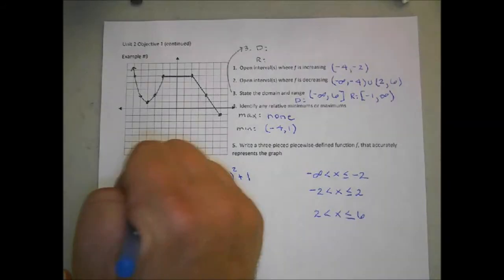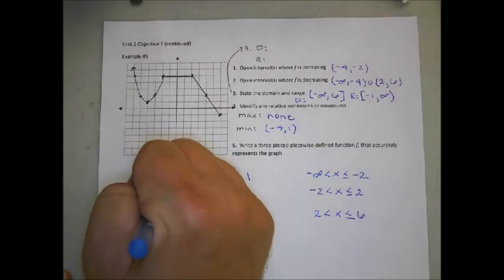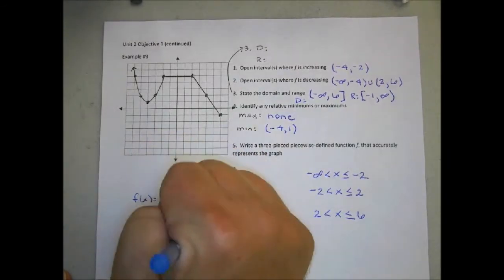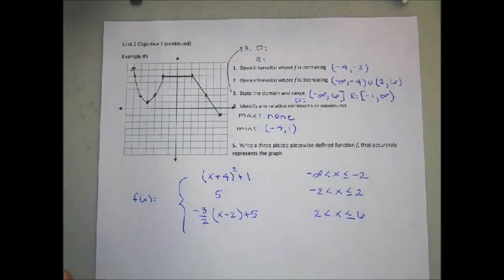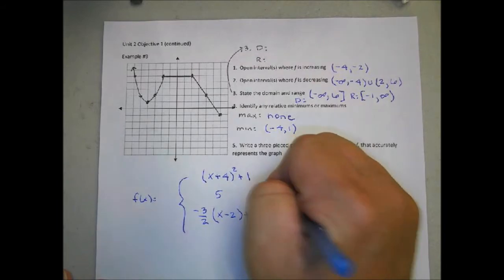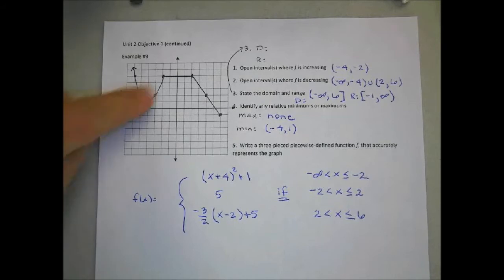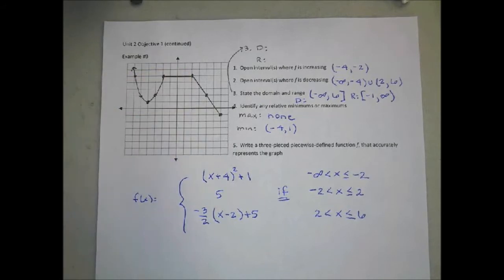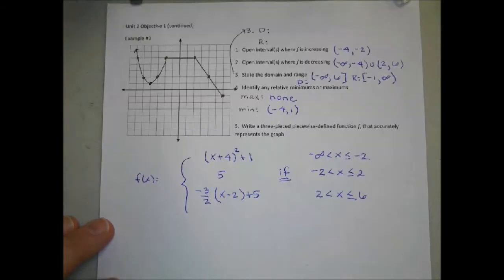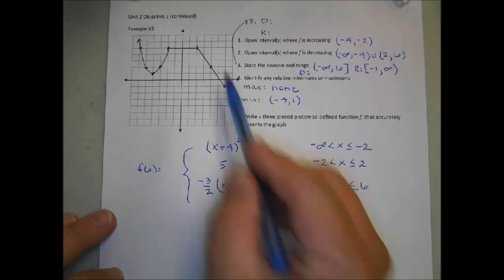Now, just to clean it up a little bit, we like to do this. F of x equals, and we do this, and we do this. But that's it. Now remember, I told you that there are a couple of other equations that this linear part could be if we used the other 2 points.